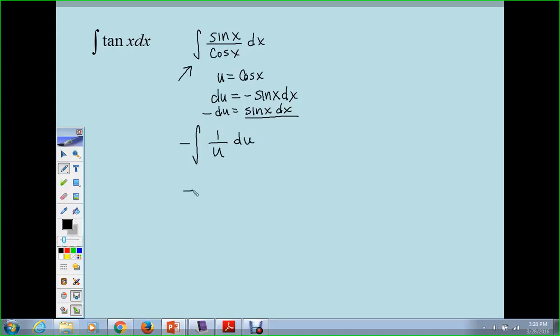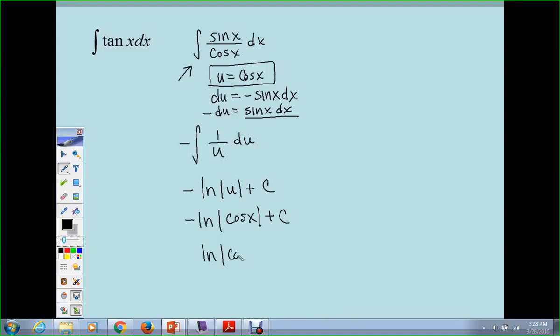Now we know that the antiderivative of 1 over u would be the natural log of the absolute value of u plus our constant of integration. And then we make our substitution. U we let equal cosine of x. So we'd have cosine of x. And there's our antiderivative.